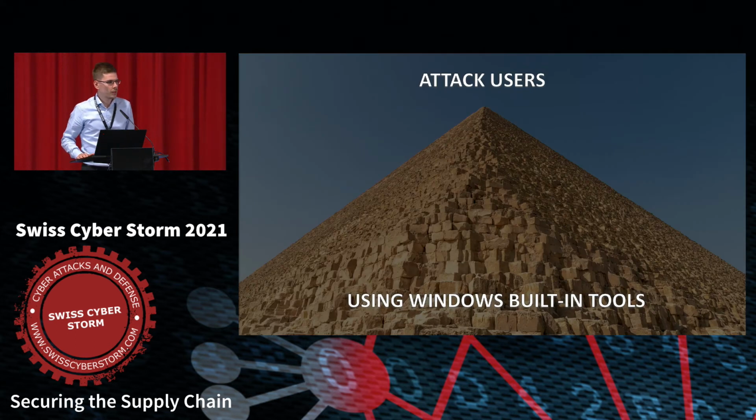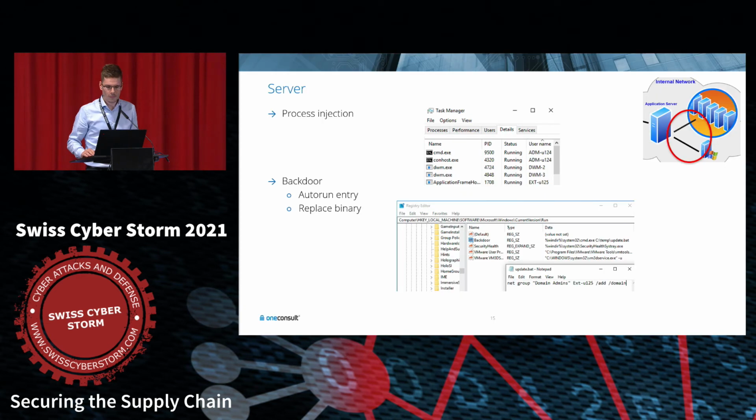So what could attackers further do when they just want to misuse the user permissions and not get access to the credentials of another user? Firstly, we have process injection. An attacker could inject any code into another process when he has local administrative permissions on the server.